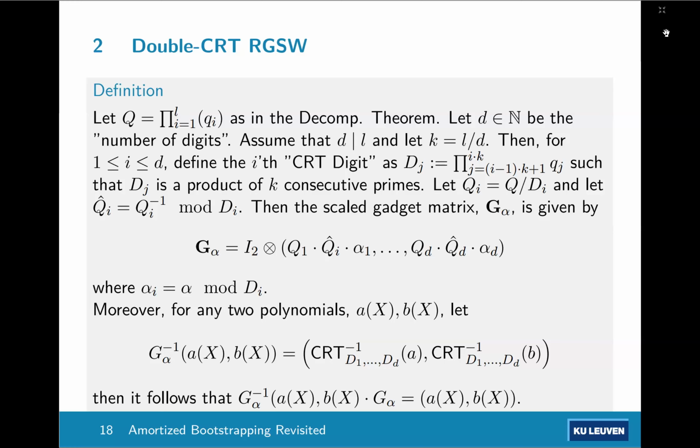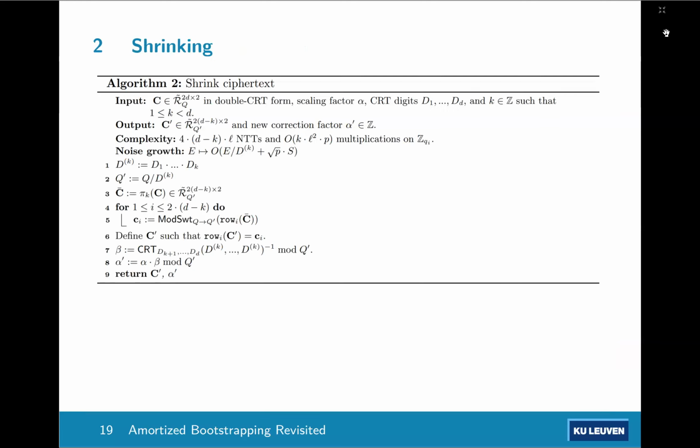Because in the double CRT version, there is no such thing as least significant bits. That concept just doesn't exist. So we have to think about something, and that is where we have to find our shrinking algorithm. This allows us to play with the gadget vector and with the ciphertext to still obtain a shrinking algorithm which removes least significant bits.